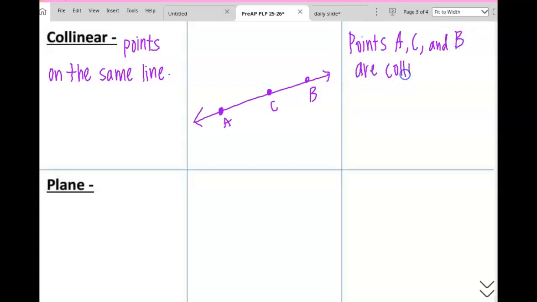That is a true statement. A, C, and B are collinear together, all three. Do you agree? Yes, they're on the same line.